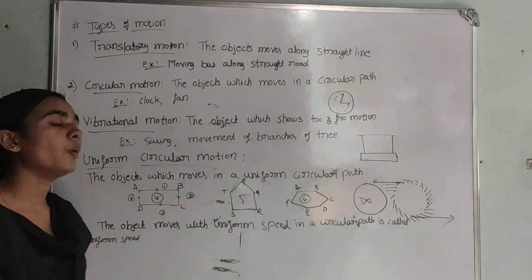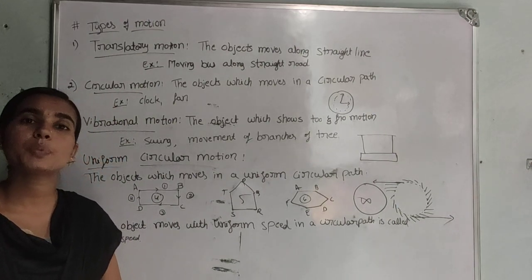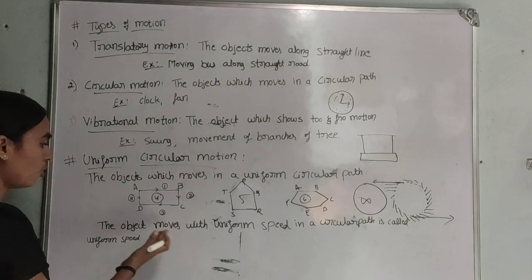So here, how can we calculate the speed of an object when it is under circular motion?